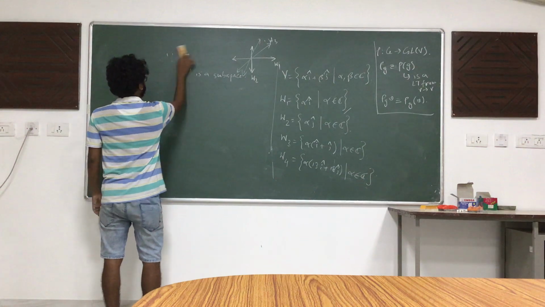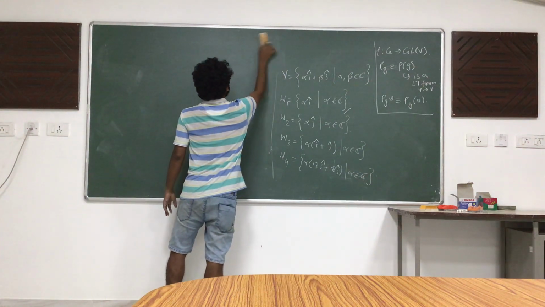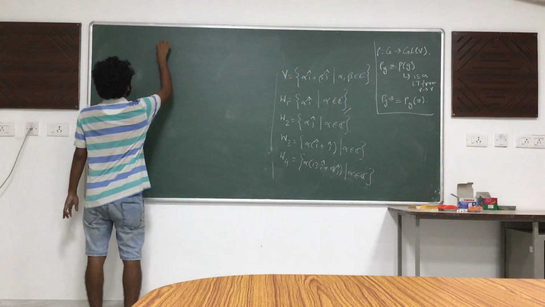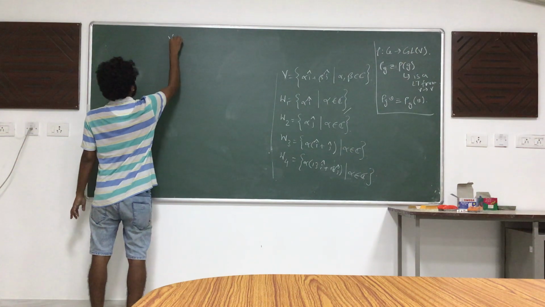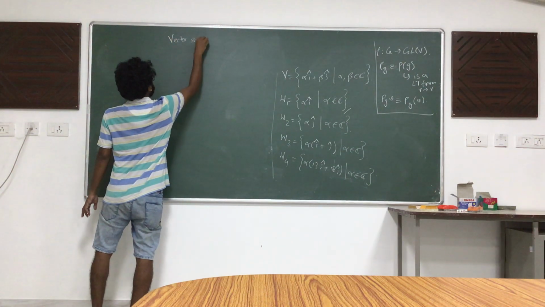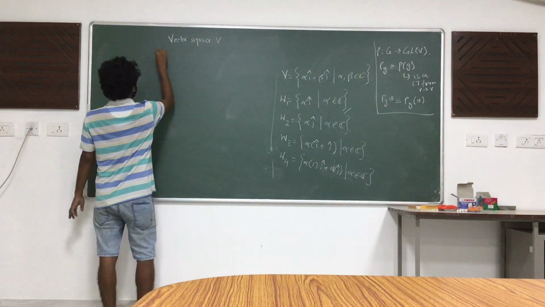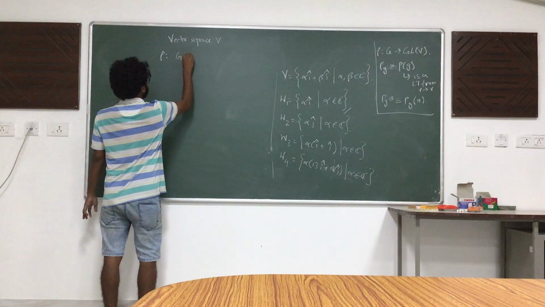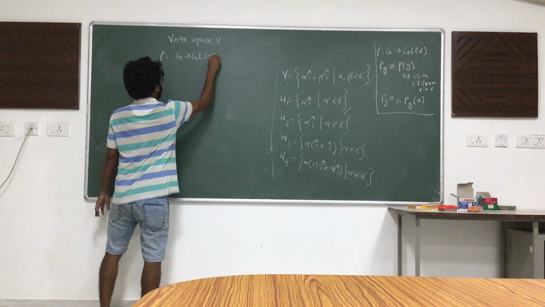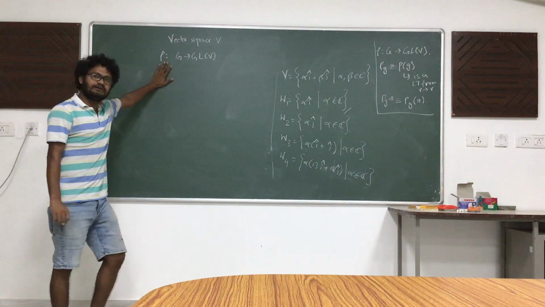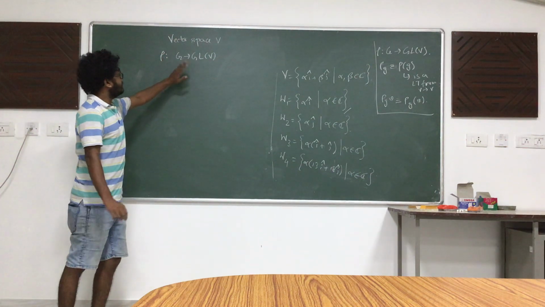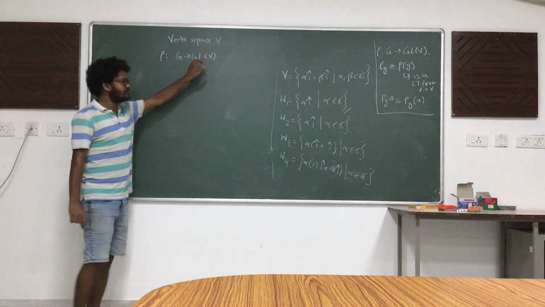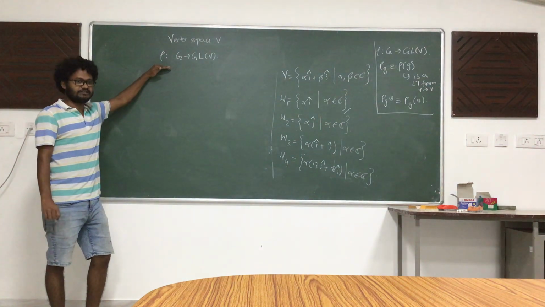Now, let us come back to the representation. Let us say we have a vector space V and a representation rho from G to GL(V), of course. Let us say we have found the representation for the group G over the vector space. Let us say we have been given a representation.